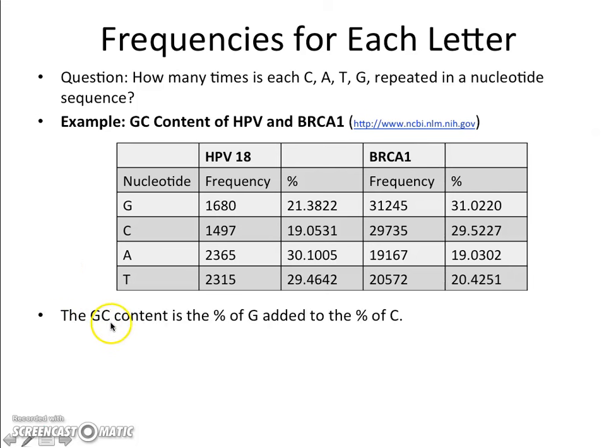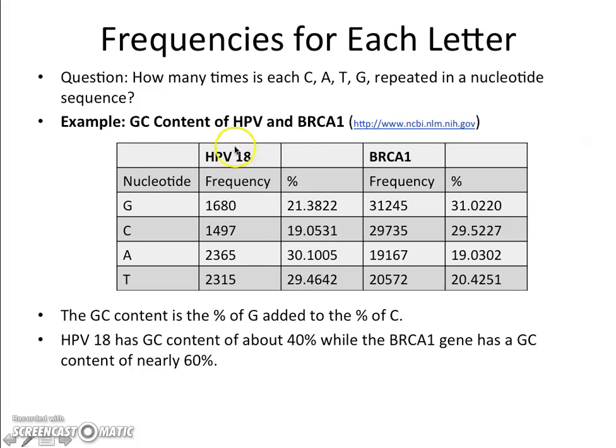If we're interested in the content of this pair GC, then we're going to add the percentage of frequency of G and the percentage of frequency of C. So we can observe that in this column for HPV18, we have nearly 21, this is 19.